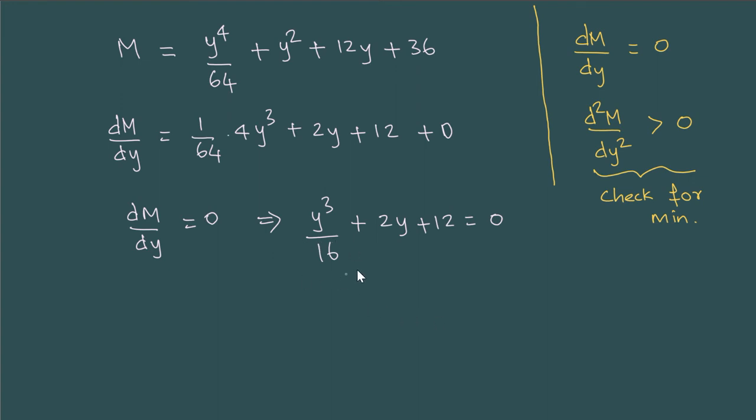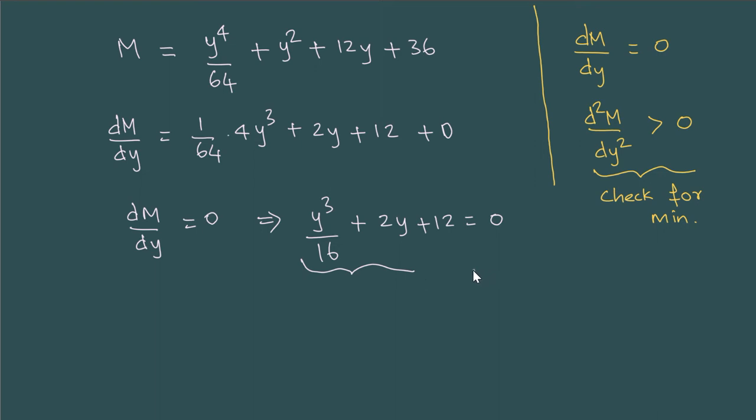By looking at this 16, maybe I can get some nice value for y so that the left hand side amounts to 0. The last two terms are, let's say, plus 12. So that means I have to make the first two terms negative.